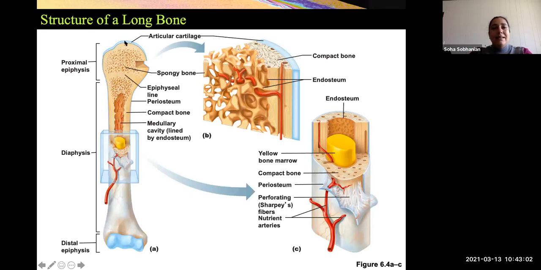The ends of your long bone, you can see two of them, are wider. These are called epiphyses.